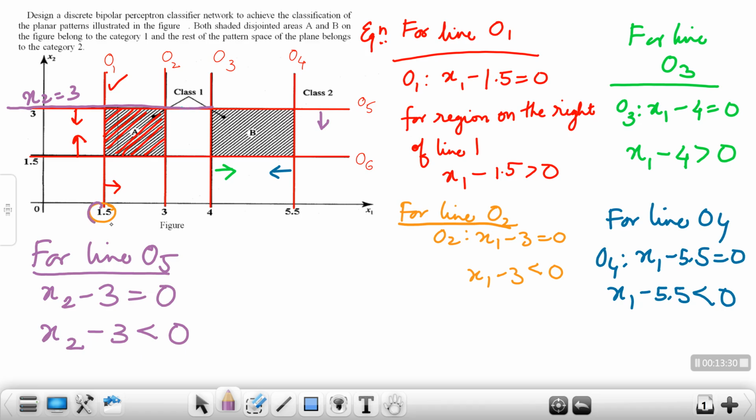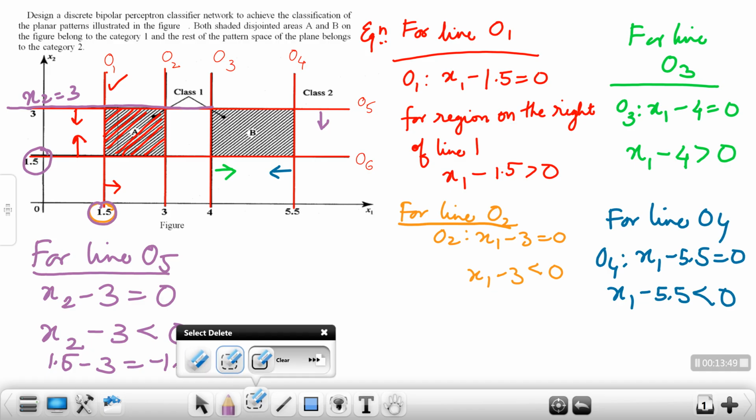So below this line you can again take x2 is equal to 1.5 and substitute here. So x2 minus 3 is nothing but minus 1.5, so it is less than 0. So we come to know that it satisfies this particular condition.